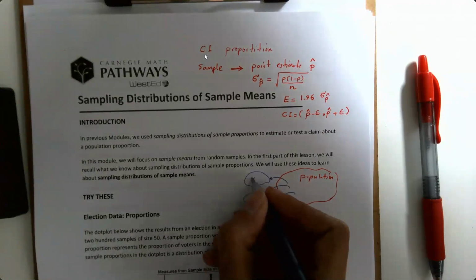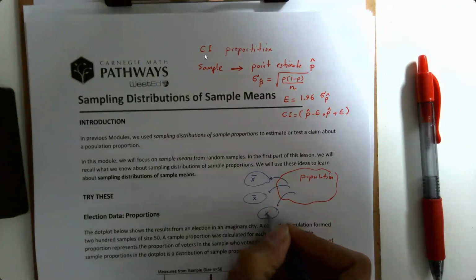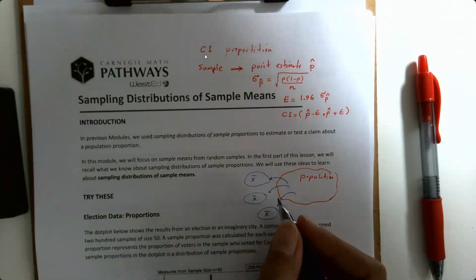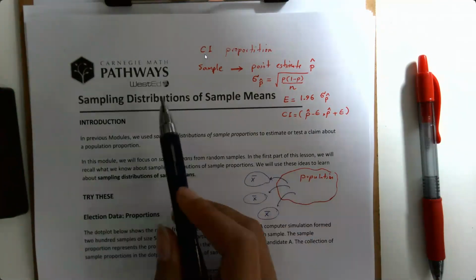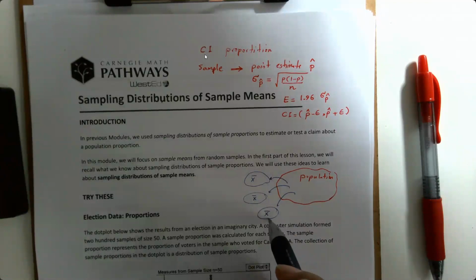The mean of the first sample, the mean of the second sample, the mean of the third sample. Then we're going to construct a distribution using these means. This is called the sampling distribution of sample means.